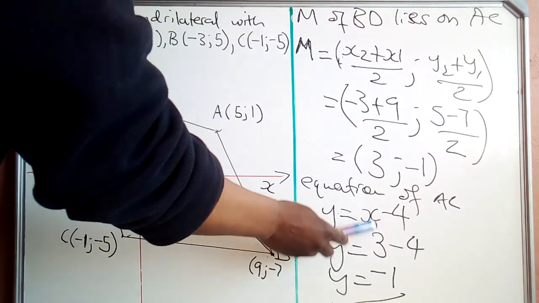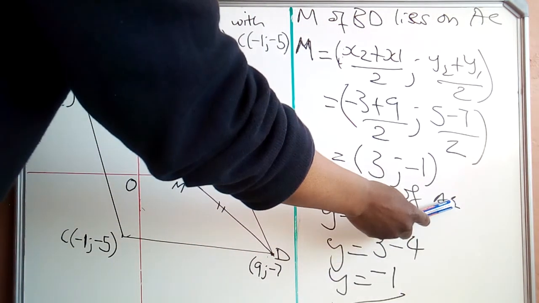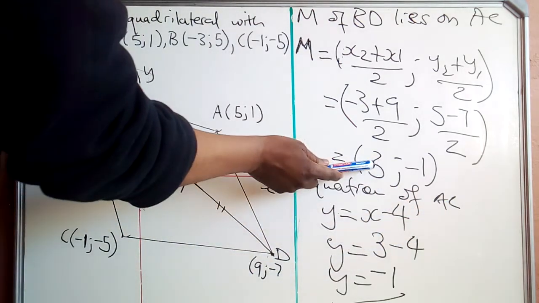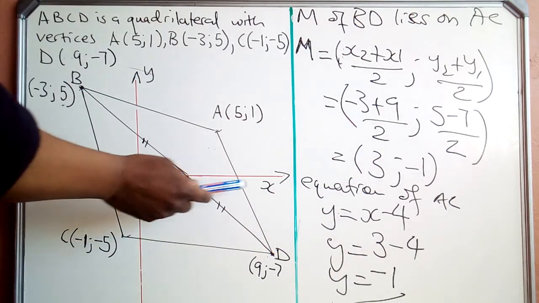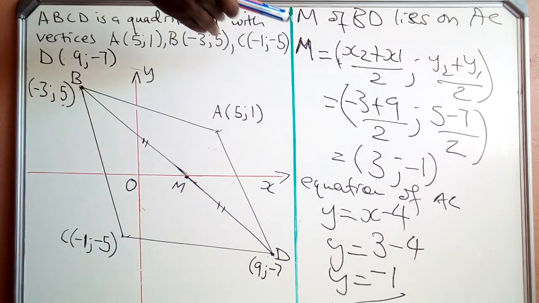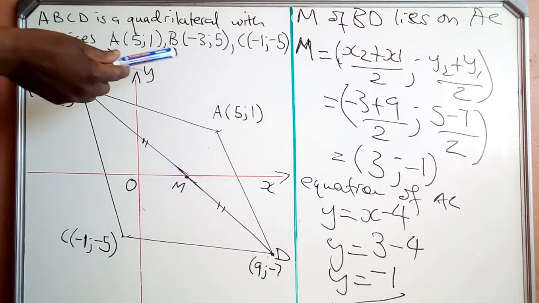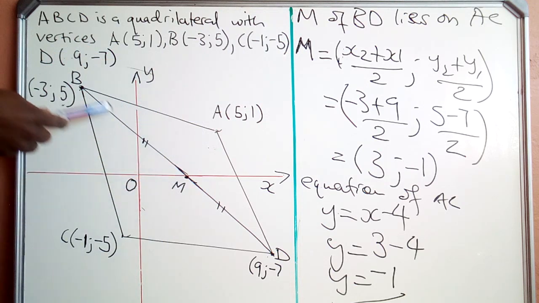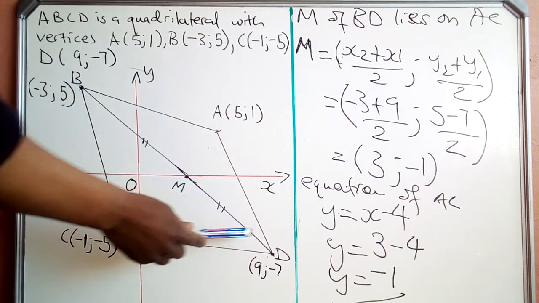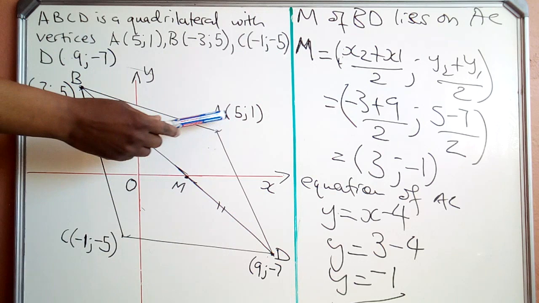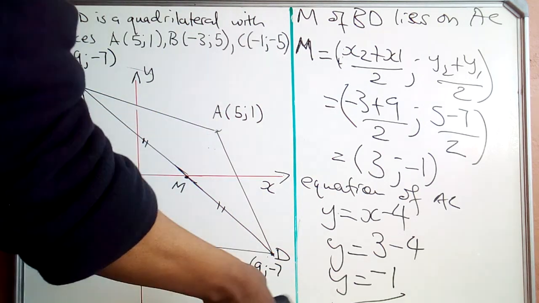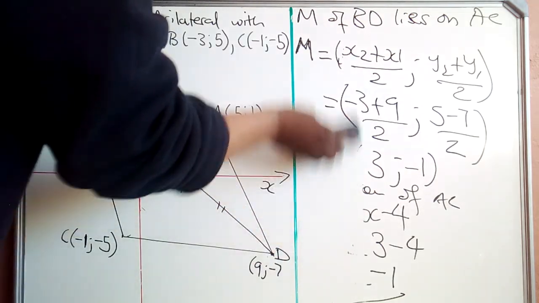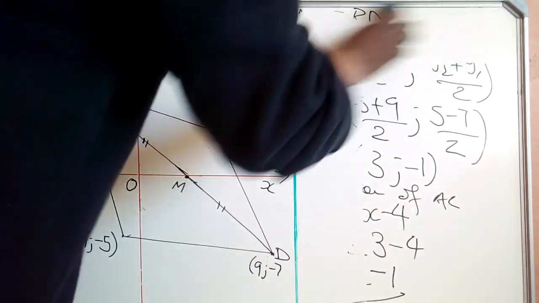Again, x is equal to 3 on AC and x is equal to 3 on BD, which is point M. So this proves that point M, the midpoint of BD, lies on line AC. Let us move on to the next question.